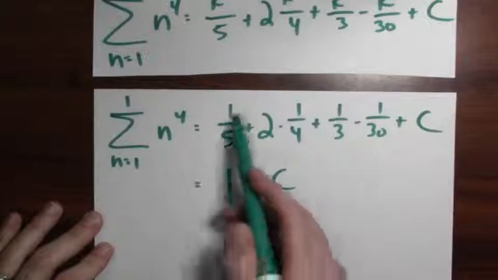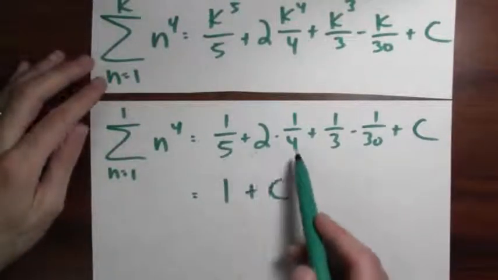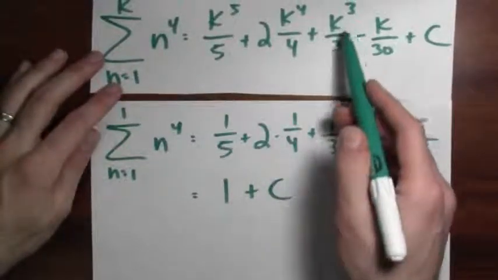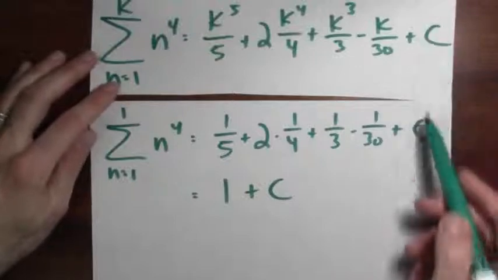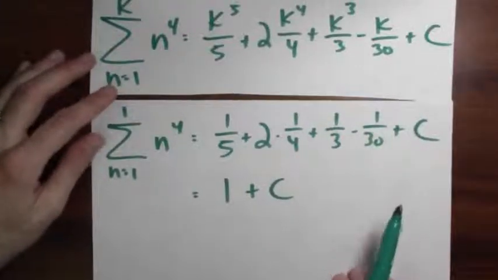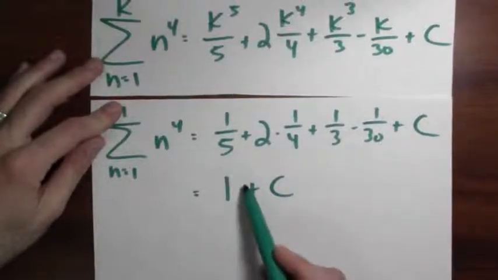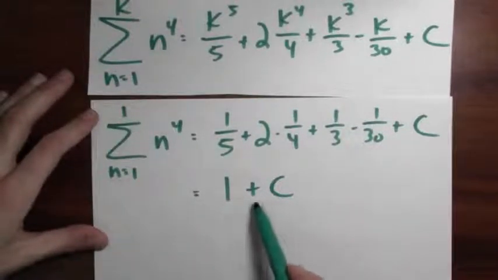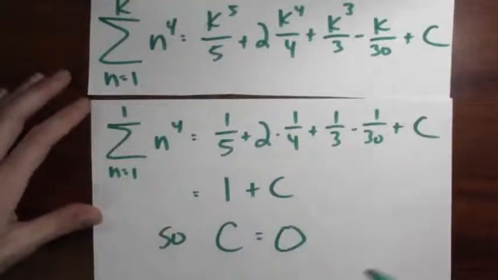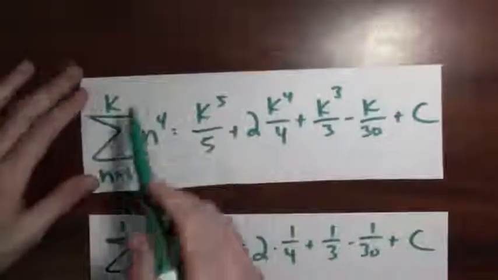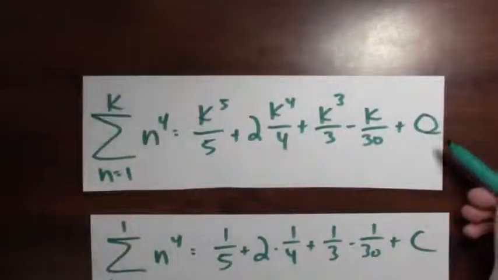But on the other side, I've got what I get when I plug in k equals 1, which is 1/5 plus 2 times a 4th plus 1 to the 3rd over 3, so plus a 3rd, minus a 30th, plus that constant c that doesn't depend upon k at all. But a 5th plus a 1/2 plus a 3rd minus a 30th is 1. So I've got 1 equals 1 plus c, so that means c equals 0. And that tells me what the formula then for the sum of the 4th powers is. It's just this, and that constant is just 0.